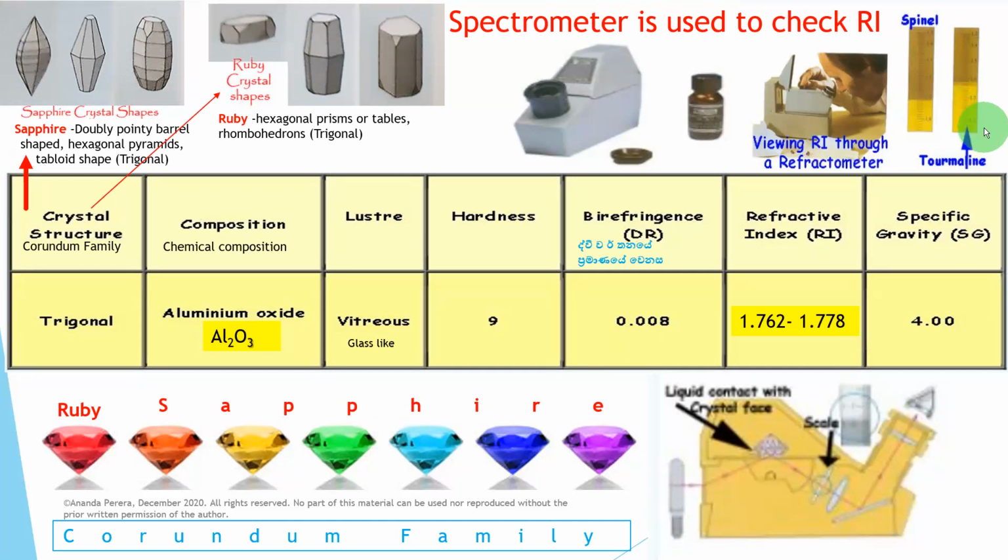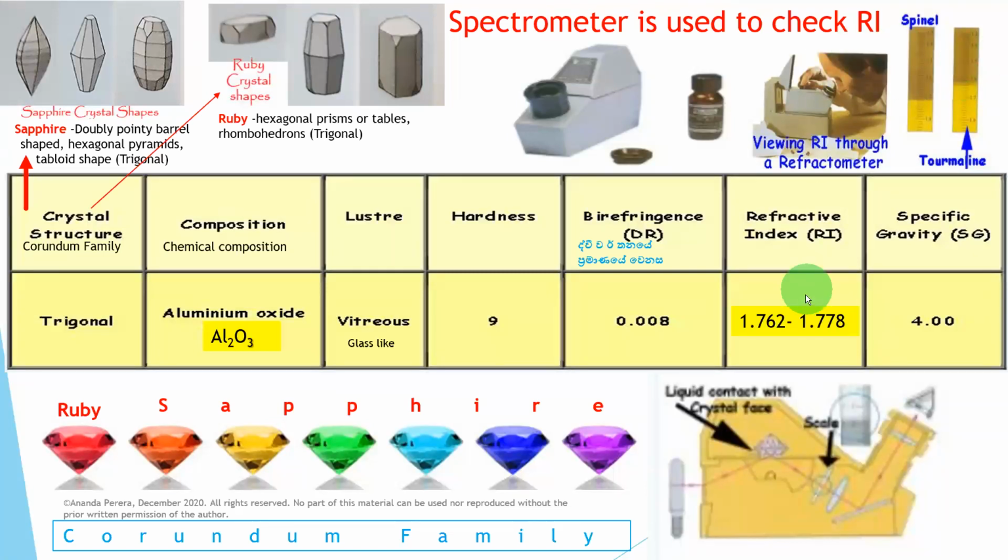If it is tourmaline, there are two lines. Main line is this, and the other line is here. So this is the light area. This is the dark area. You can see the two lines because it is a double refractive stone. So the difference between these two lines is called birefringence.